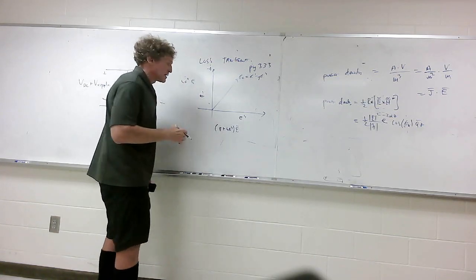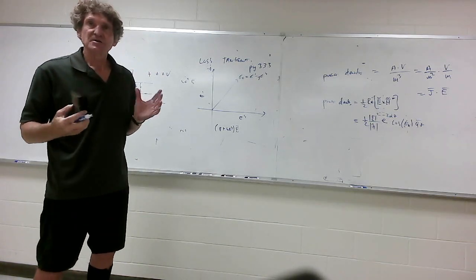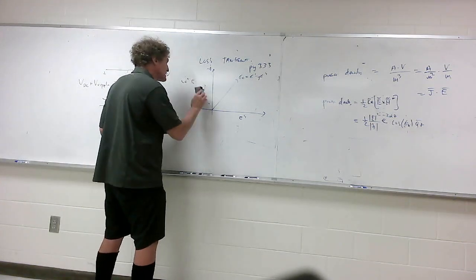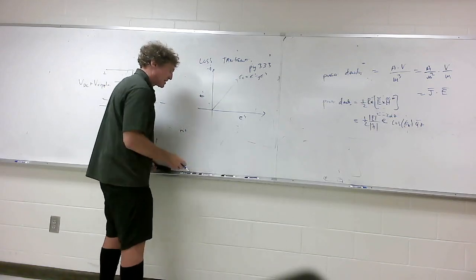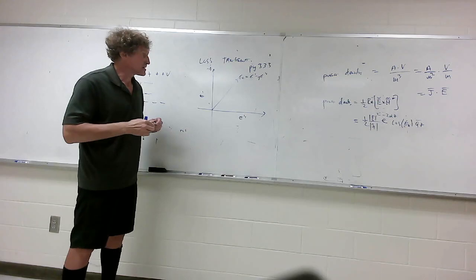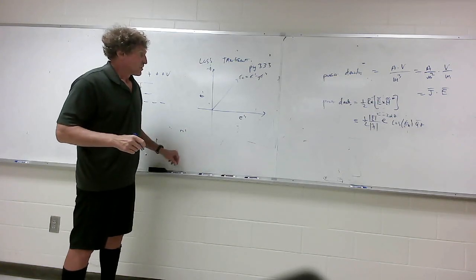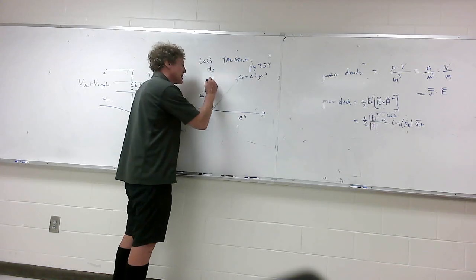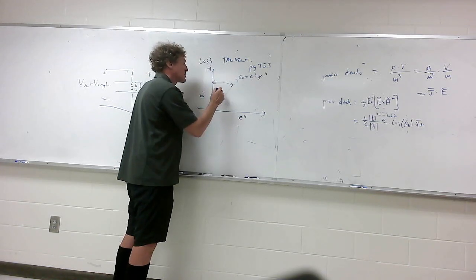Well, what he's really plotting, and he should be plotting, is epsilon double prime versus epsilon prime. What we really care about is this, okay? What he's doing gives us the same results. And here's the thing, if you take a look at this, we're really interested in this value, really the tangent of this value.